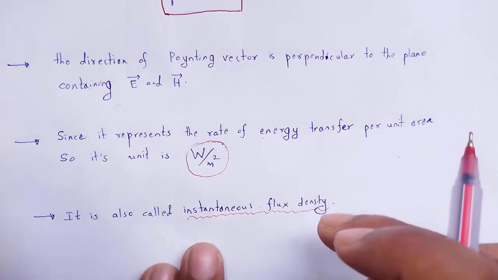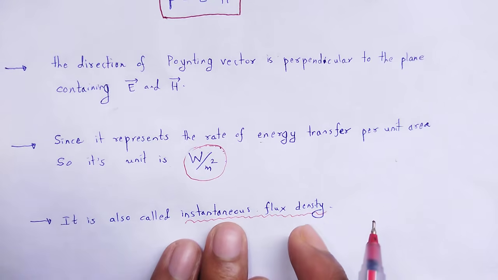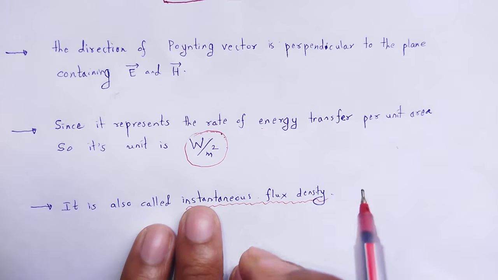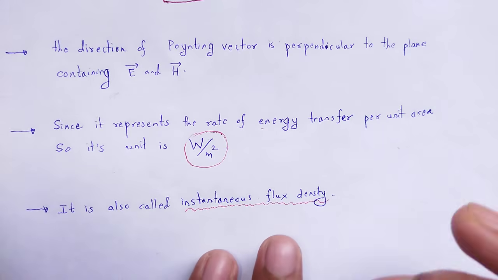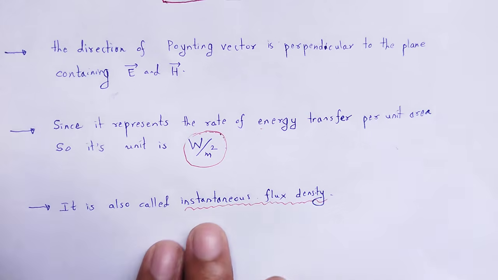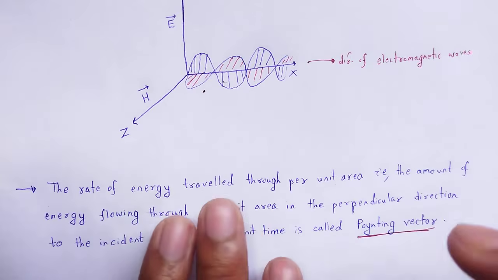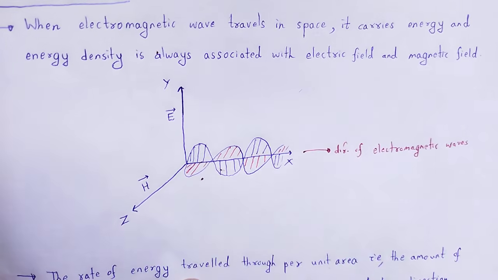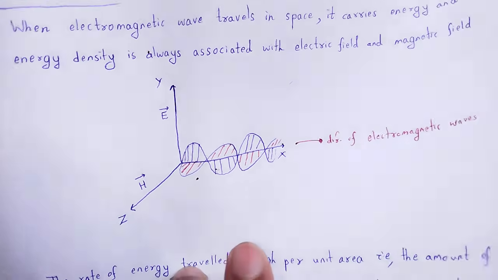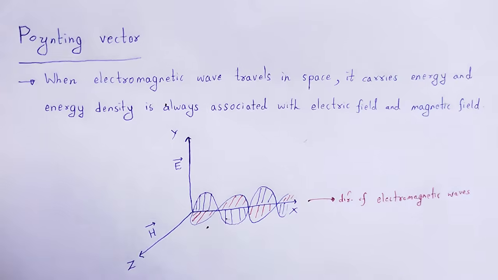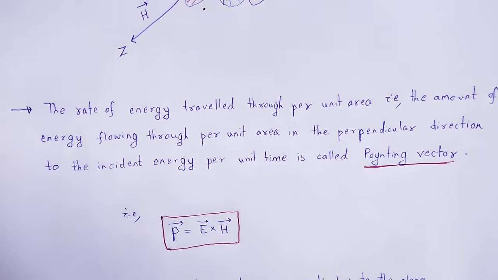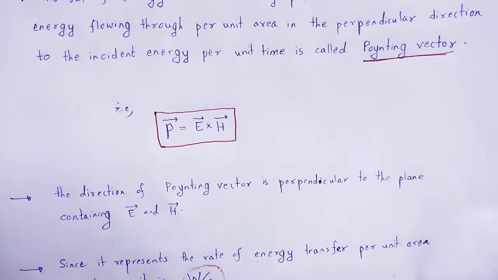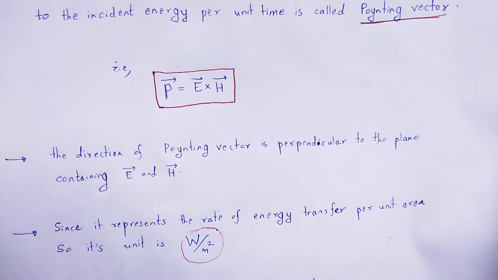As it refers to the energy transfer per unit area, we call it instantaneous flux density. These are some basic points about Poynting vector: what is Poynting vector, how we represent it graphically as well as mathematically, and its physical significance.